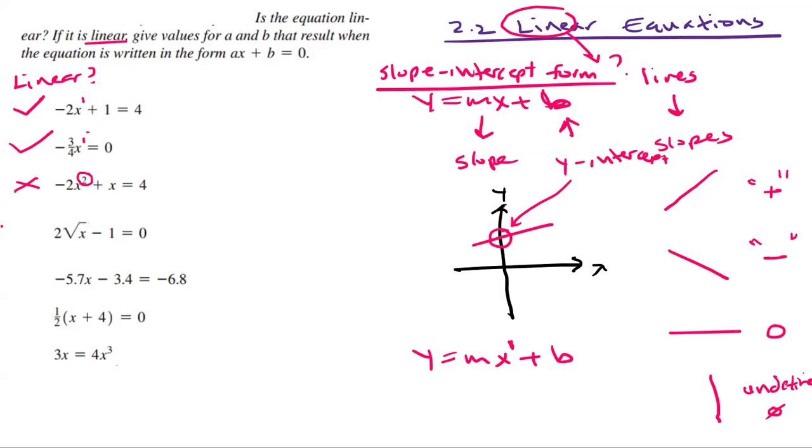Is this going to be linear? Yes or no? Right. This one's not going to be linear, right? Because of the square root of x. Does anybody remember another way to rewrite square root of x?